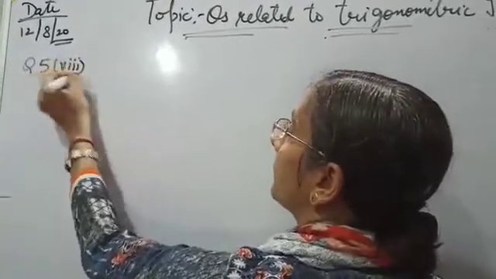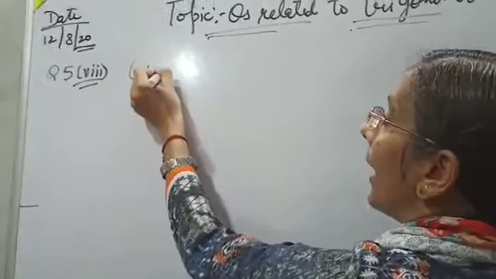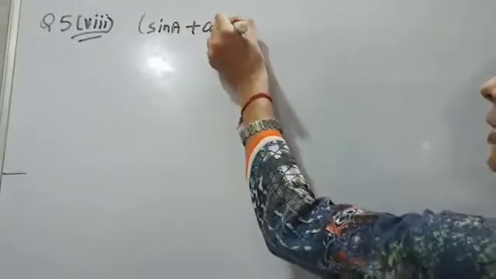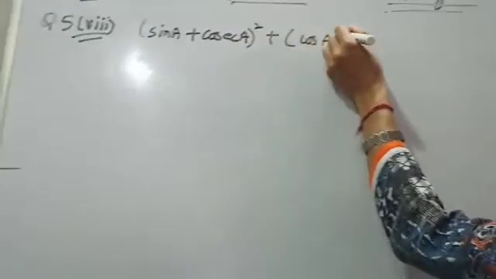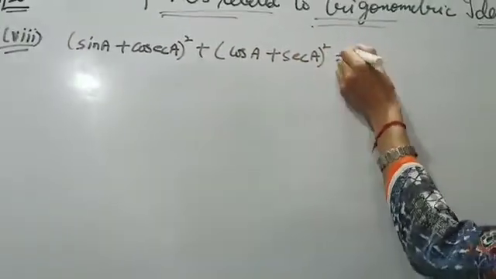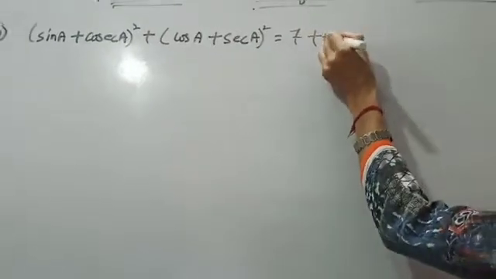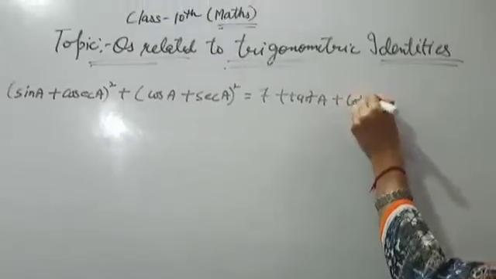You can see here: (sin A plus cosecant A) whole square plus (cos A plus secant A) whole square is equal to 7 plus tan square A plus cot square A.